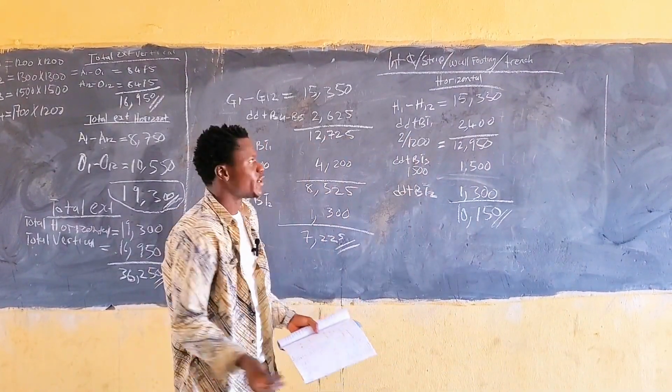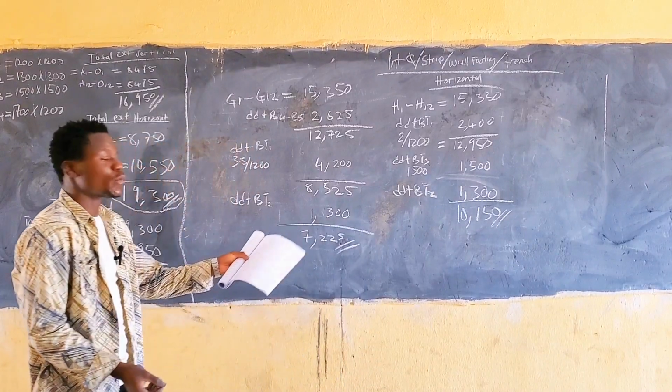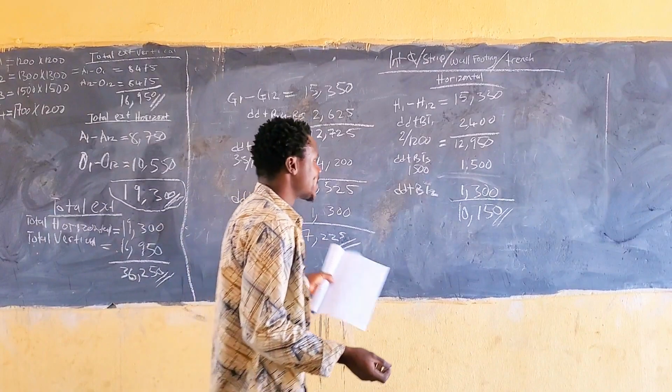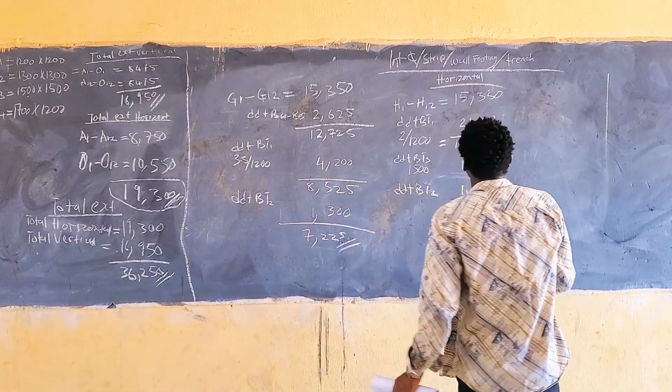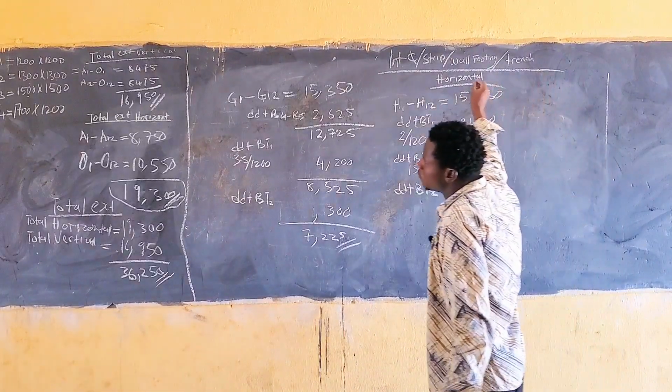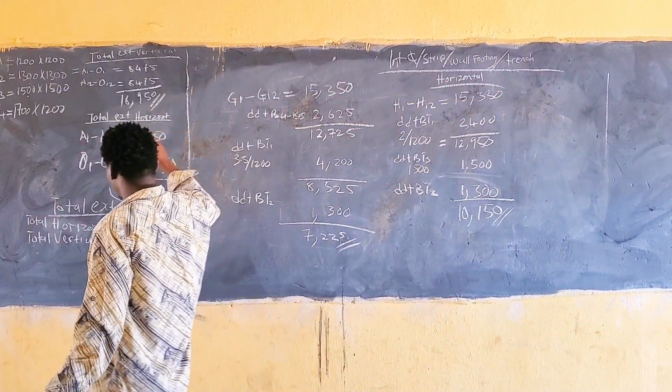And of course, we'll sum our dimensions together to get the total internal horizontal gap.